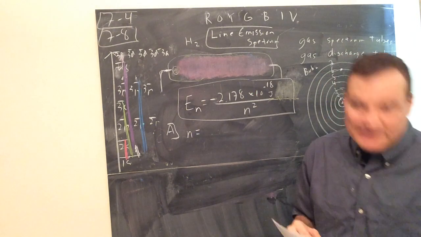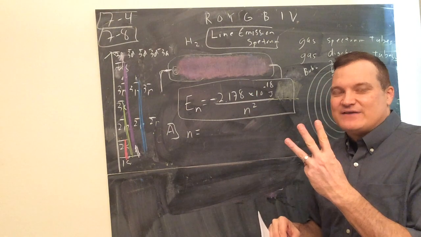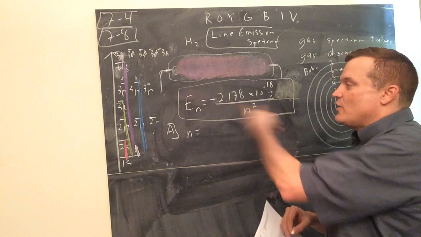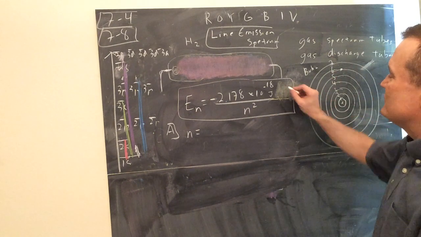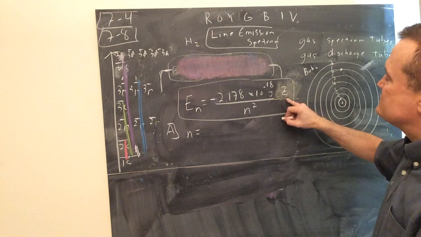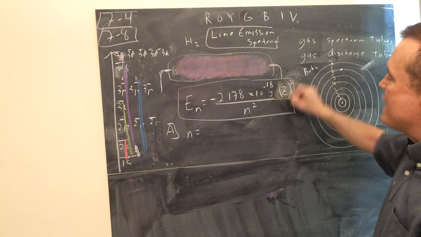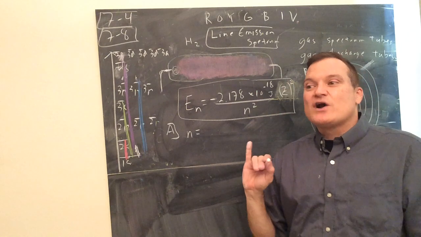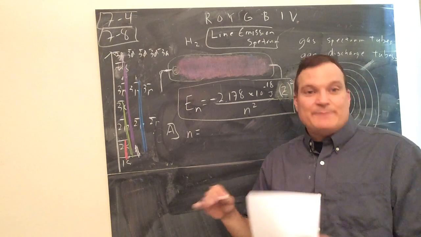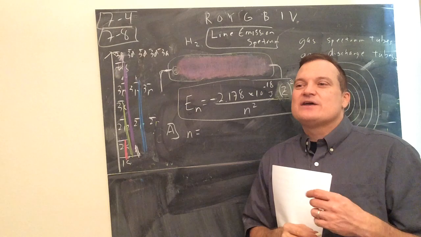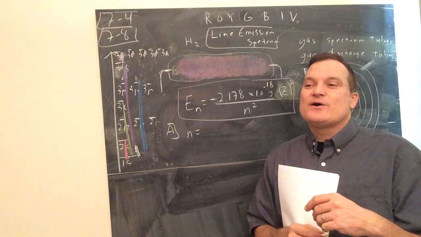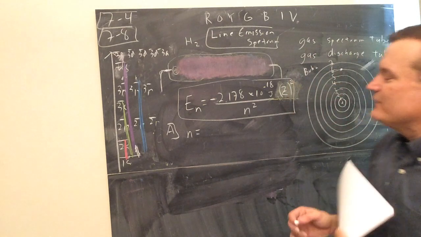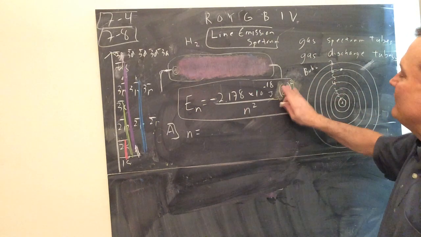Or what's the next element up? Lithium has 3 electrons. If I take away 2 of them and have lithium plus 2, this will also work. So that's why I told you, you can actually put in Z, which is the atomic number, and you square it. This times Z squared, and it always works. So it works with any atom in the entire periodic table, as long as that atom or ion has only 1 electron in it. So if you take away all the other electrons, this will explain what's going on.